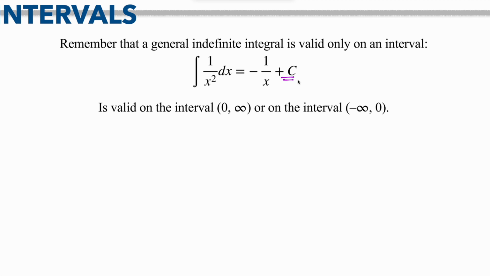Okay, now you have to understand in this case, because you cannot have 0 in the denominator, it is going to be valid only from 0 to infinity or from negative infinity to 0. It cannot include 0, but it can be any other numbers possible.